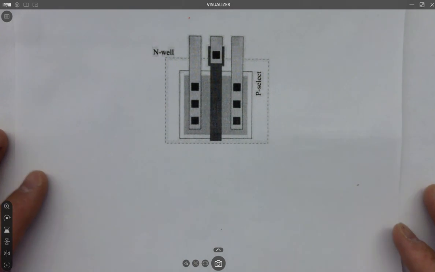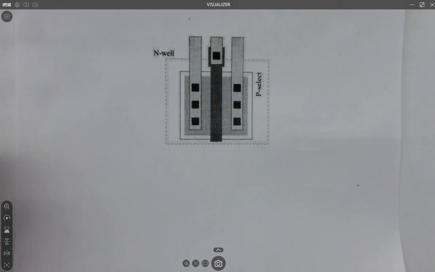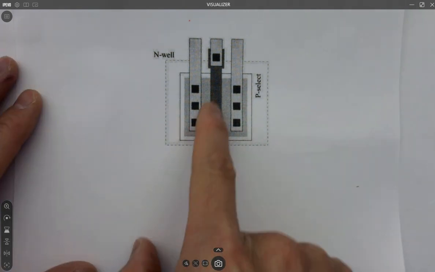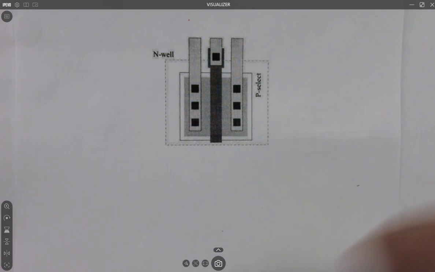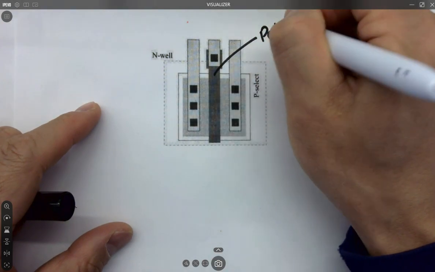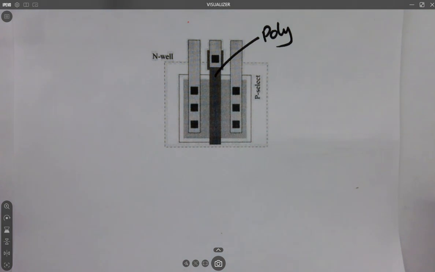This is a transistor. We haven't covered much about transistors yet, but let's take a look at it. Keep in mind that this is a poly, and it's a gate. So there's nothing under the gate. It's a channel.